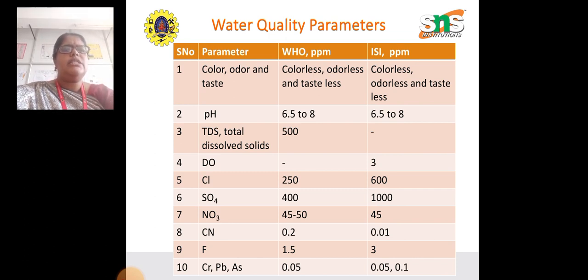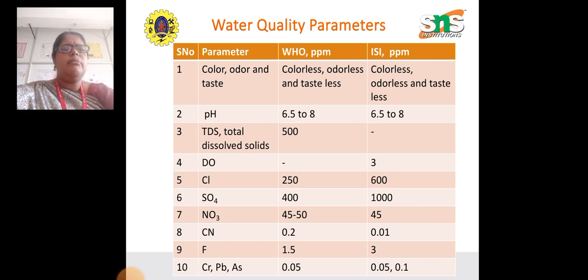Total dissolved salts, WHO recommended 500 ppm. ISI is not recommended. Dissolved oxygen, ISI 3 ppm. Chlorine, WHO 250, ISI 600 ppm. Sulfate SO4, WHO 400, ISI 1000.